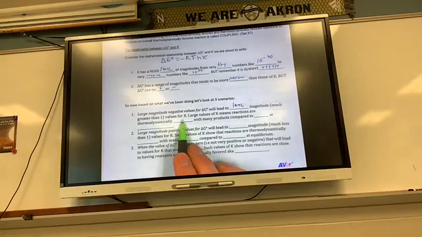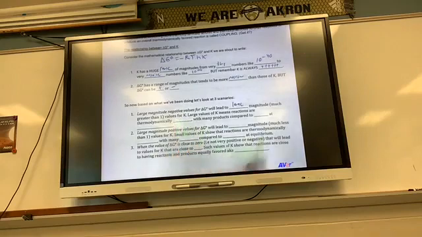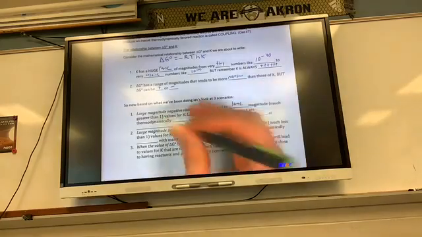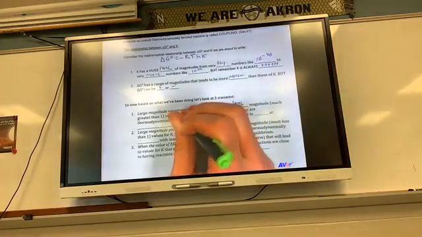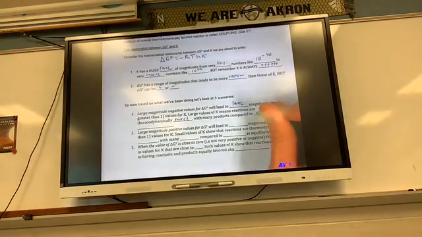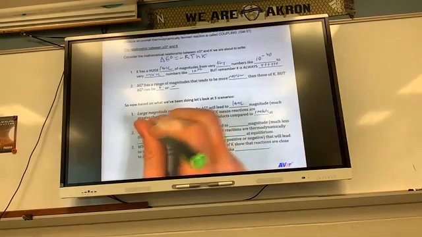Oh, right, because negative delta G wants to react. Lots of products. K is products over reactants. You got it. Larger values of K mean reactions are thermodynamically favored, with many products compared to reactants at equilibrium.